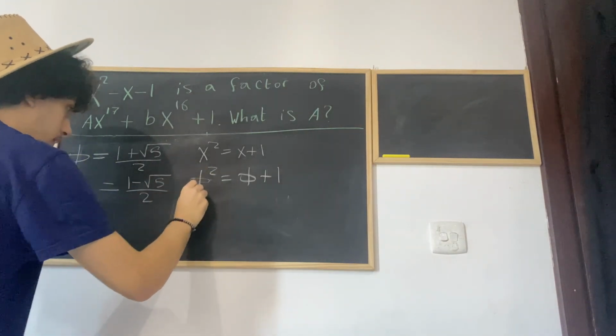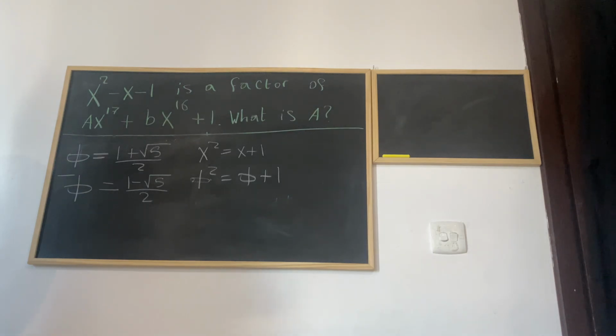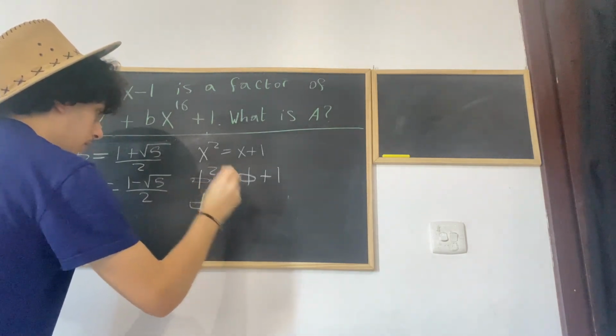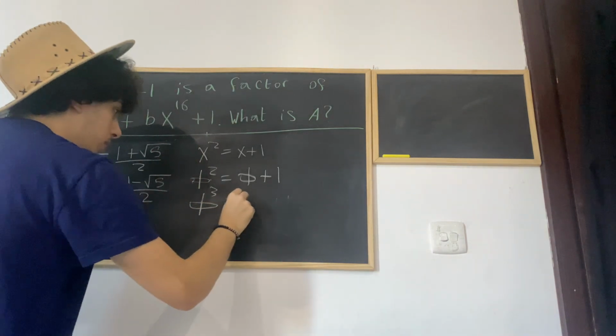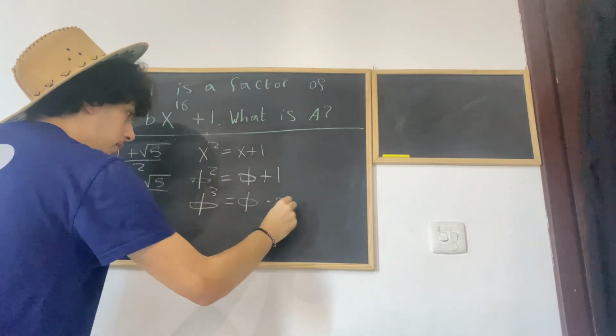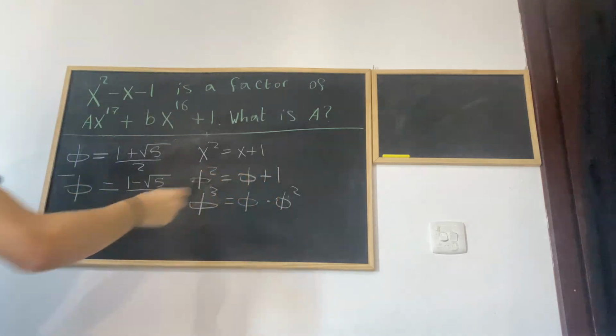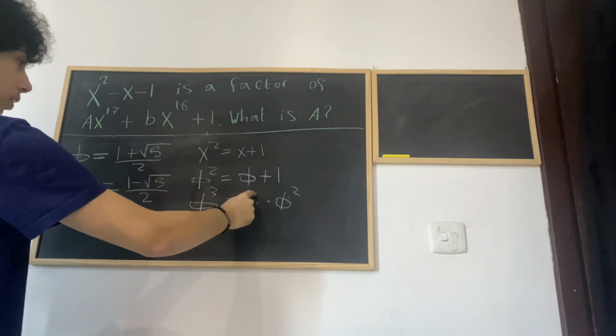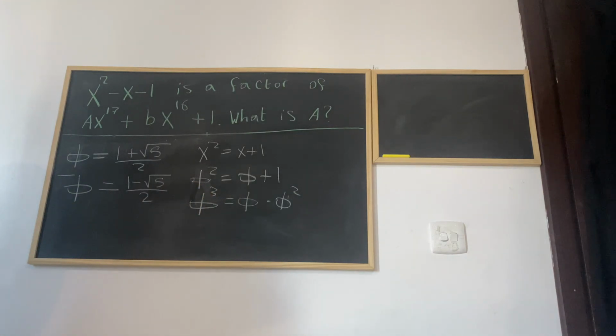So phi squared. Okay, let's say we want to get phi cubed. Now what can we equate phi cubed to? How about we equate it to phi multiplied by phi squared? Because when you multiply with the same base, the exponents add up, and there's an invisible 1 here, and 1 plus 2 equals 3. But we said that phi squared is equal to phi plus 1.